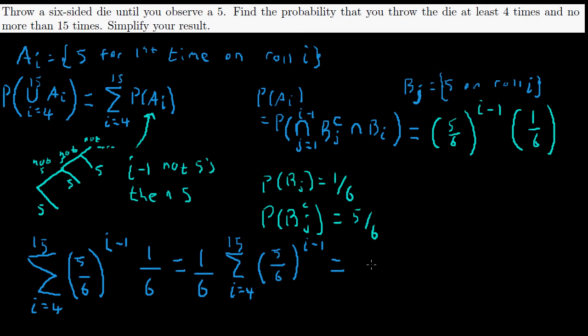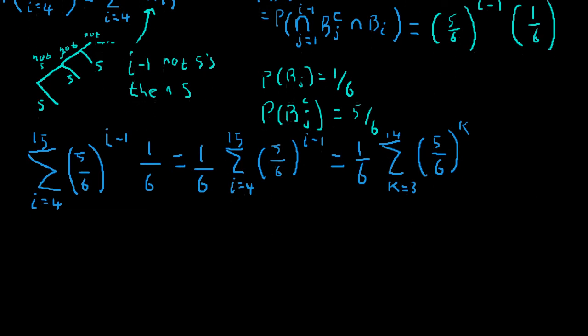So I have 1/6 times the sum, let's call it k, where k is equal to 3 to 14, so k is just equal to i minus 1, of 5/6 to the k. And now we can reindex one more time.